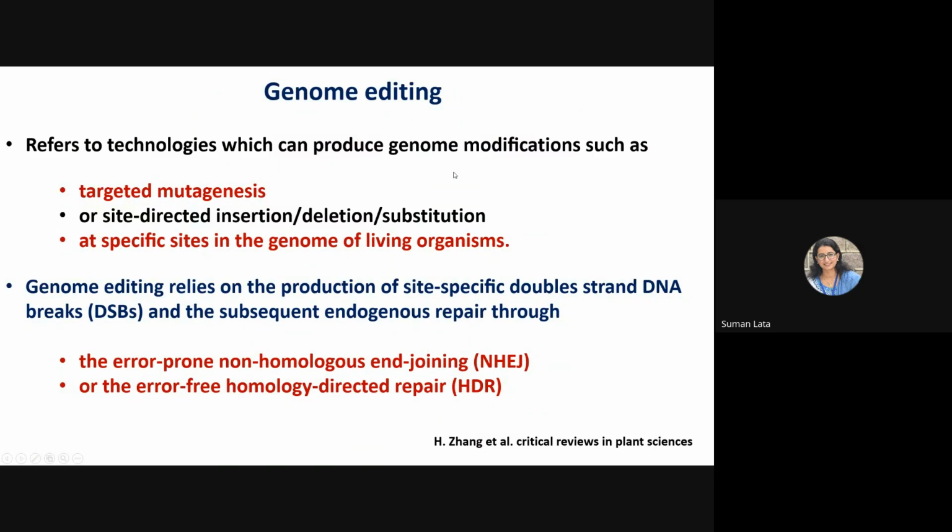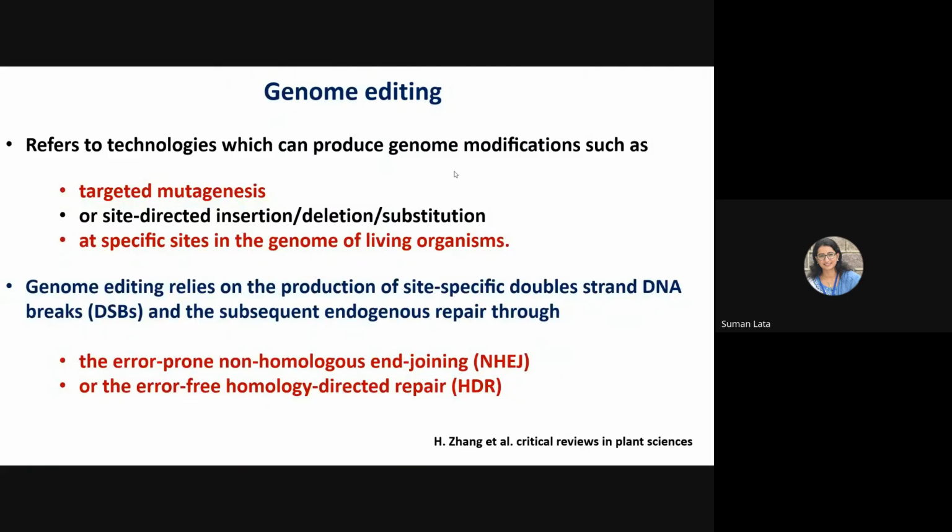In genome editing, we talk about the techniques which can produce genome modifications, like targeted mutagenesis: insertions, deletions, and substitutions. And we do these modifications at a specific site in the genome.